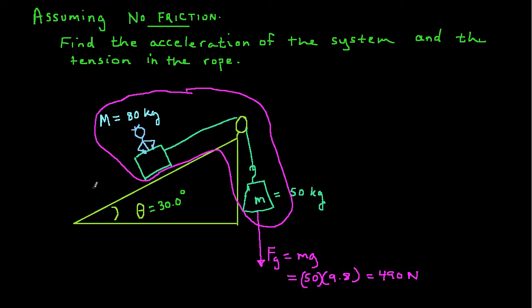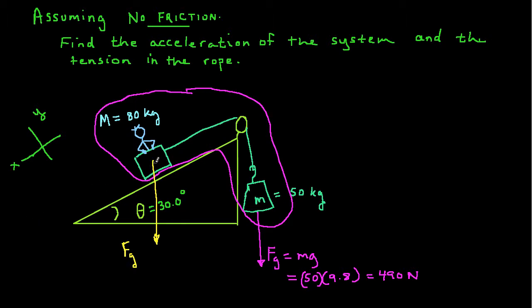Well, there's going to be a force pulling it down the ramp. Where is that going to come from? That is going to be a component of the gravity acting on this object right here. So we're going to have a force of gravity acting right there, and it's going to have two components. We're going to think of x and y as being like this, because we're interested in forces acting along this direction.